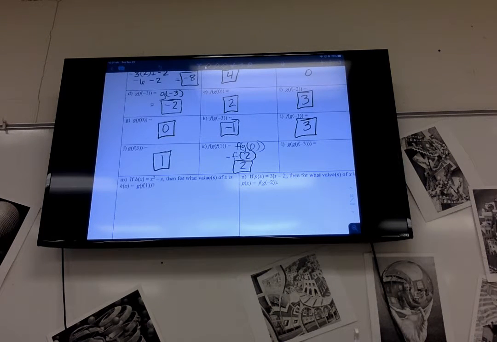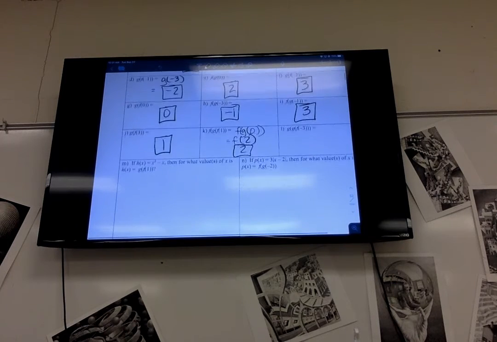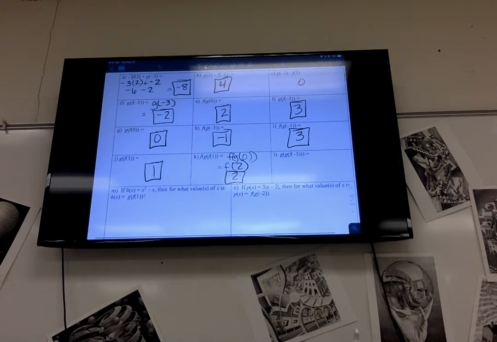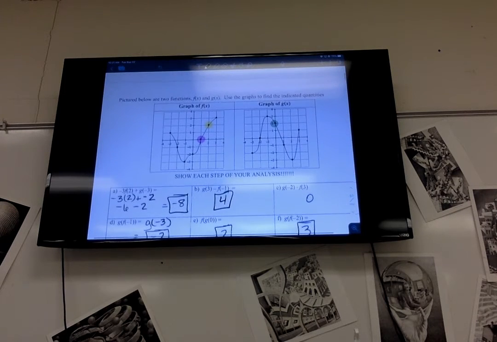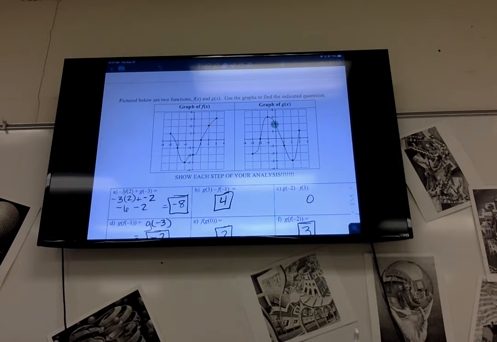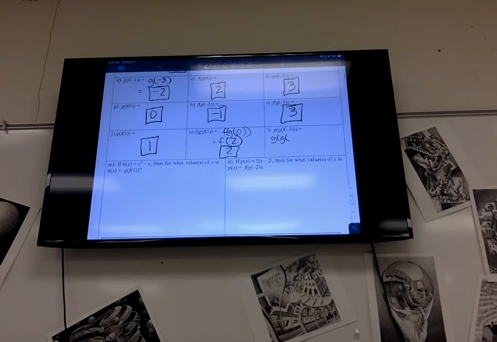And then the last one, whoa. g of f of -3. So f of -3 should be at 1. Oops. g of 1.